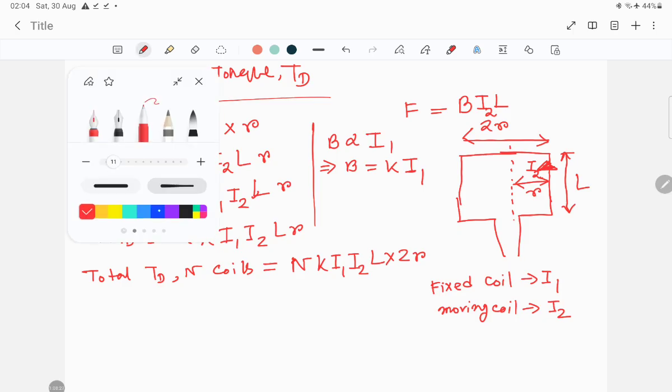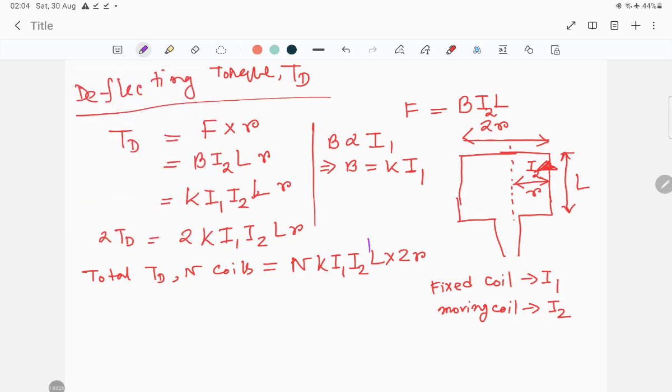Now L and 2R. Okay, so if this one is L and the total is 2R, then it will be the effective area A. And for this electrodynamic meter we can see the current flowing through the fixed coil is the same current flowing through the moving coil. So we can say that I1 is also equal to I2.